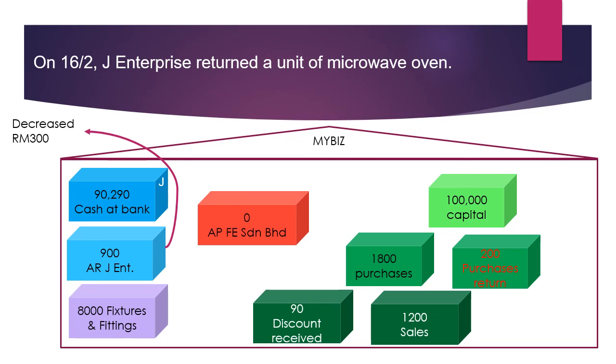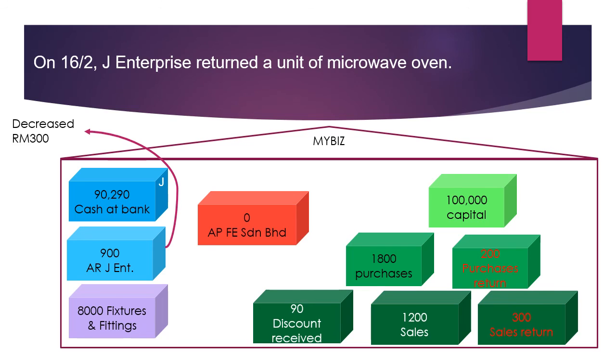So now when J Enterprise returns the microwave oven, the debt of AR J Enterprise now becomes 900 ringgit, right? And also we need to open up a new account that we call sales return, or another term that you can use is return inwards.